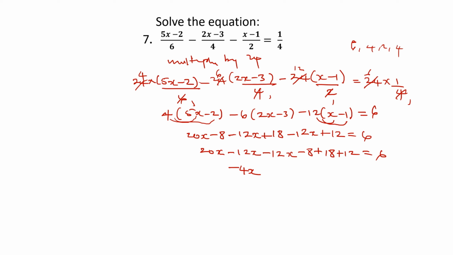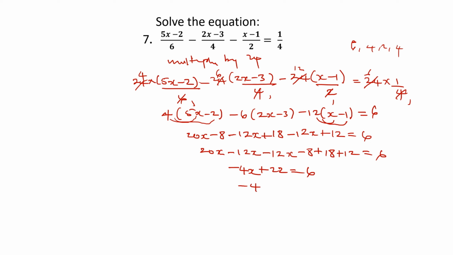Then minus 8 plus 18 is positive 10, because the bigger number here is 18 and the sign of 18 is positive. 10 plus 12 is 22. Plus 22 is equal to 6.